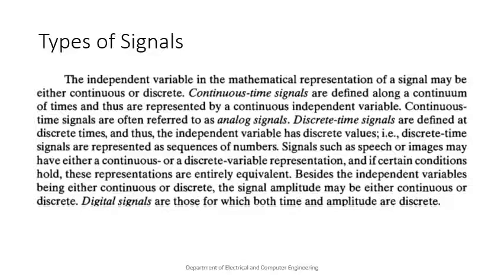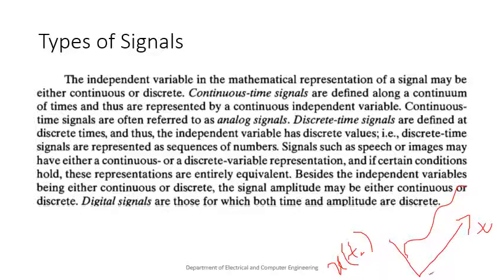How do we differentiate them? We differentiate them with the help of the independent variable. When we talk about continuous signals, the independent variable is continuous. For example, x of t, so this t is continuous. So this is a signal, and this axis is continuous.